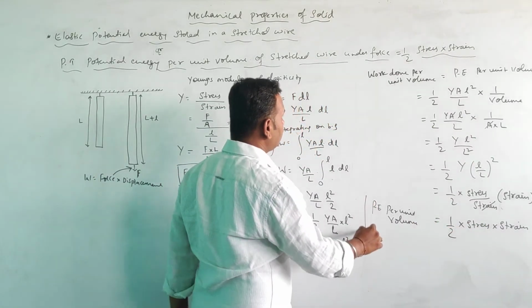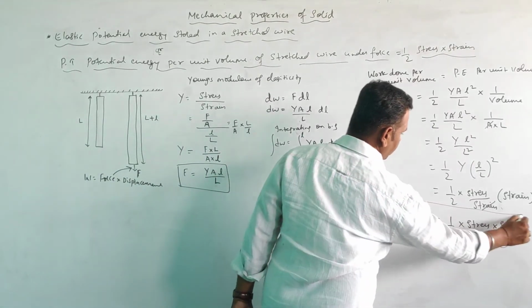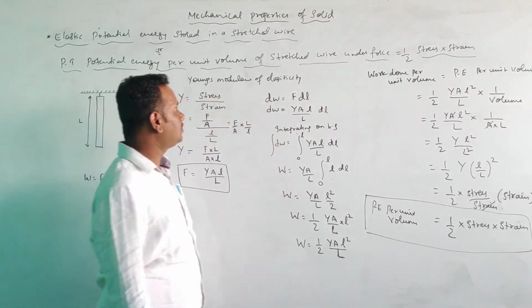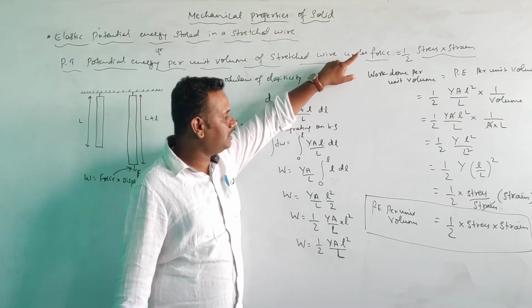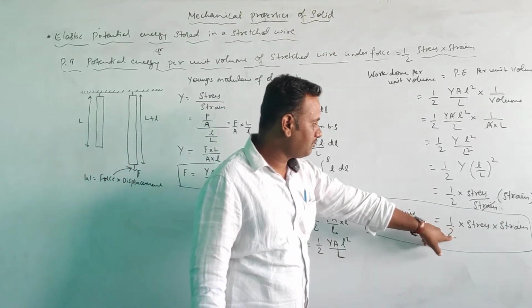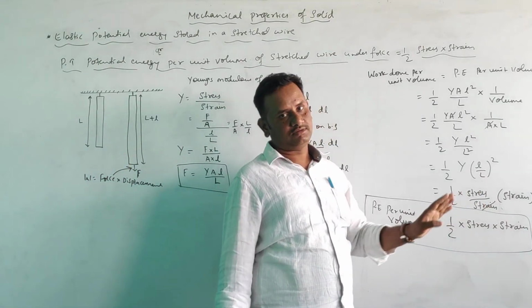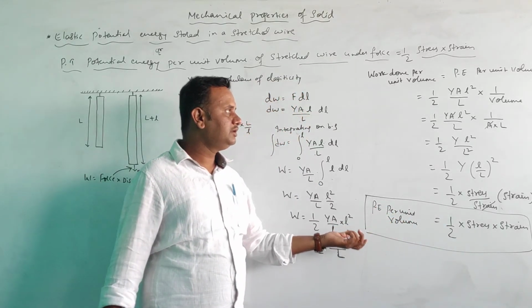So this is what we have derived here. Potential energy per unit volume of a stretched wire under force is half stress into strain.